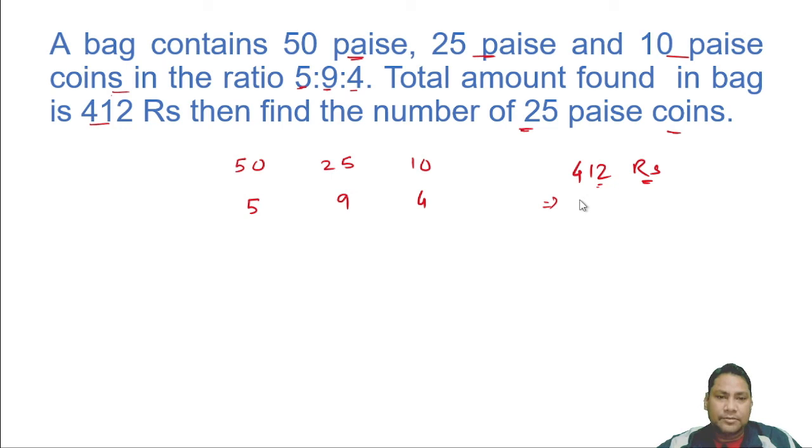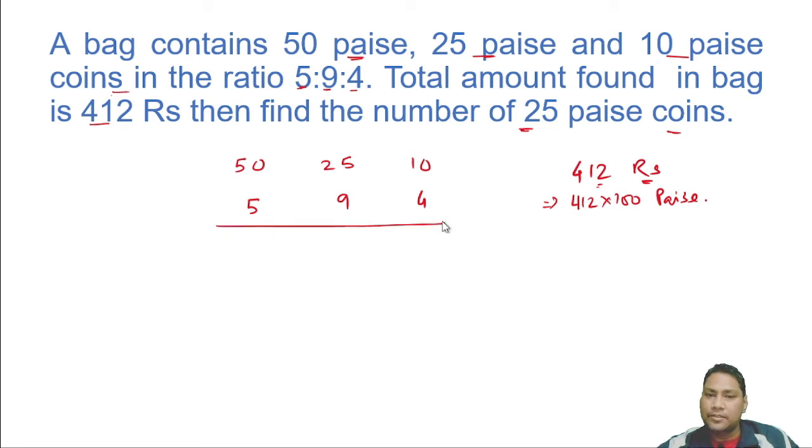Likewise, we will convert 412 rupees into paise, that is 412 into 100 paise. Now let us assume the coins are given in unit value.